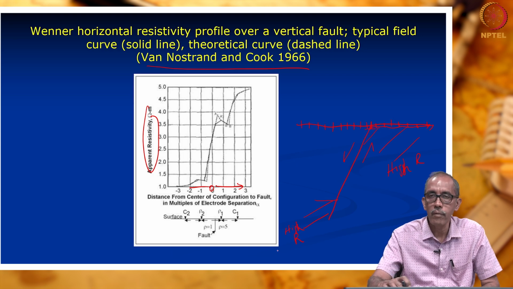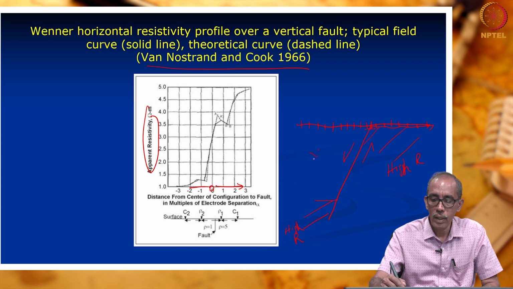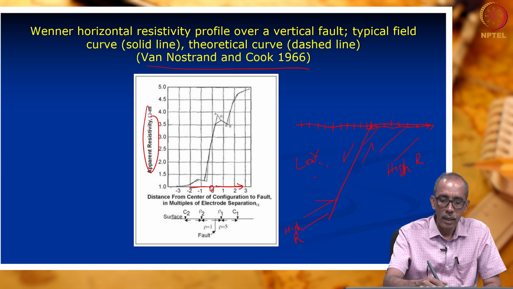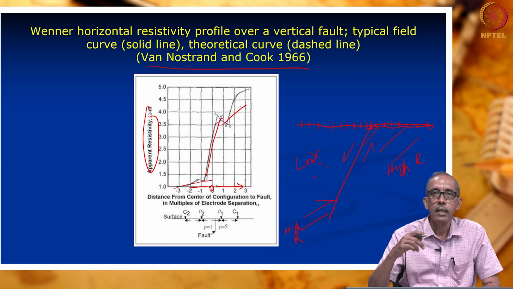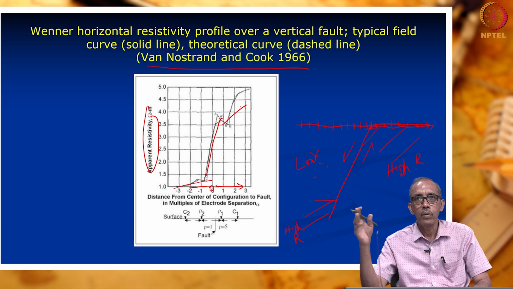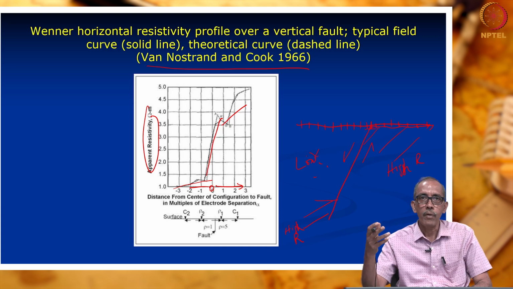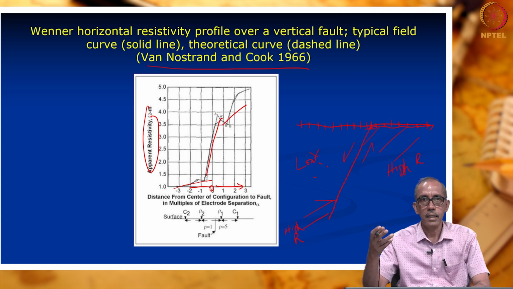So, here you have a formation which is having comparatively low resistivity, due to which on the left hand side the apparent resistivity is less, but here the resistivity is sharply increasing when we move our electrodes toward the right hand side of this profile. So, electrical profiling is able to bring out a buried major geological structure here.